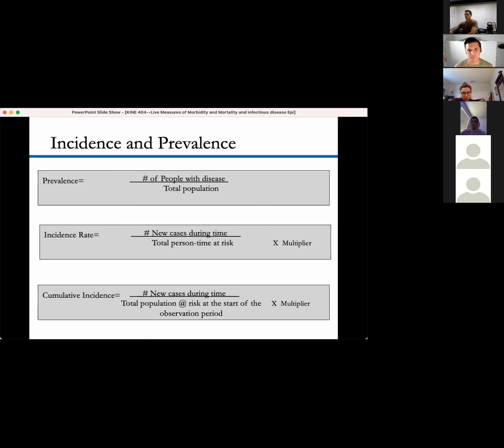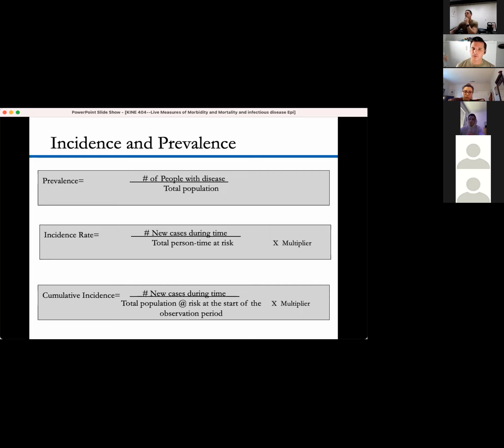One of the things you have to think about, and there's a little more information about this in the recorded lectures, is who is at risk for disease. When calculating that incidence rate or cumulative incidence, you have to exclude anyone who is immune to that disease for some reason. Maybe they've gotten a vaccination, and you're assuming that the vaccination is 100% effective at preventing actual disease, which we can talk about later.